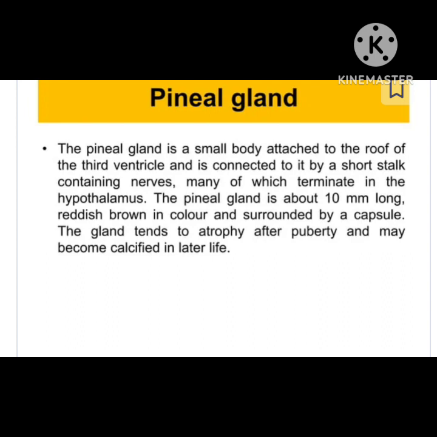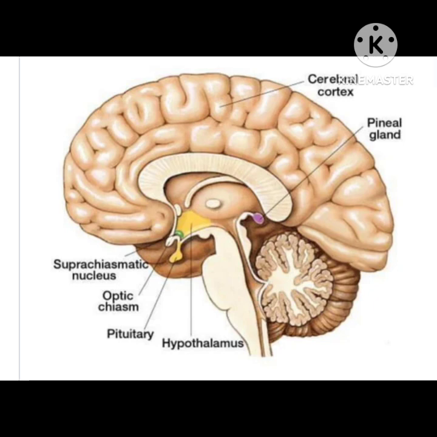So next is the pineal gland. It is a small gland attached to the roof of the third ventricle, and it is connected to it by a short stalk containing nerves. So you can see here the position of the pineal gland. This is the exact position of the pineal gland.